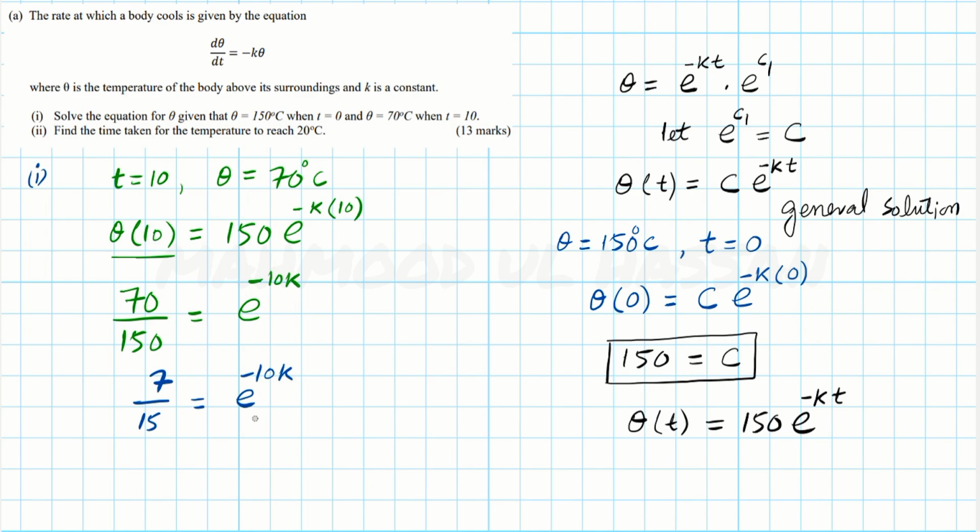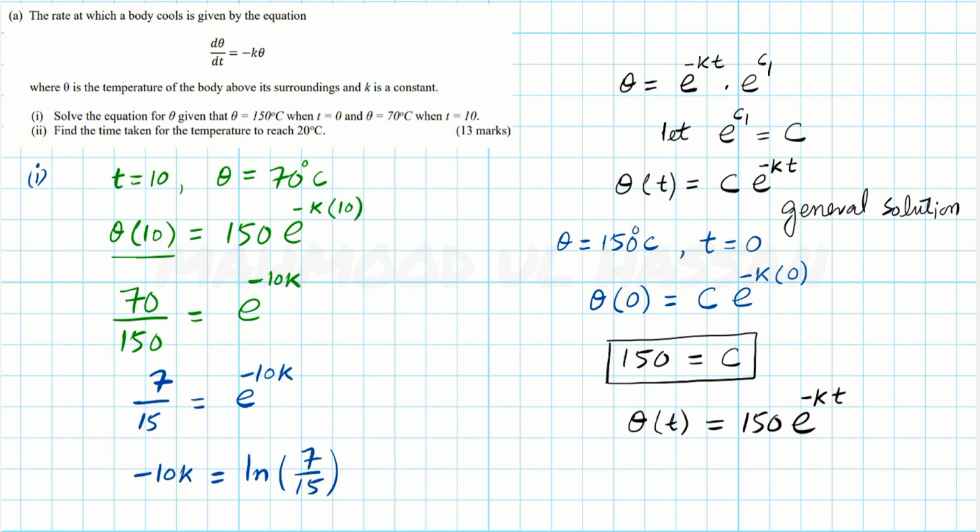When we write this in the logarithmic form, this can be written as minus 10k is equal to the natural log of 7 divided by 15. Is it okay?